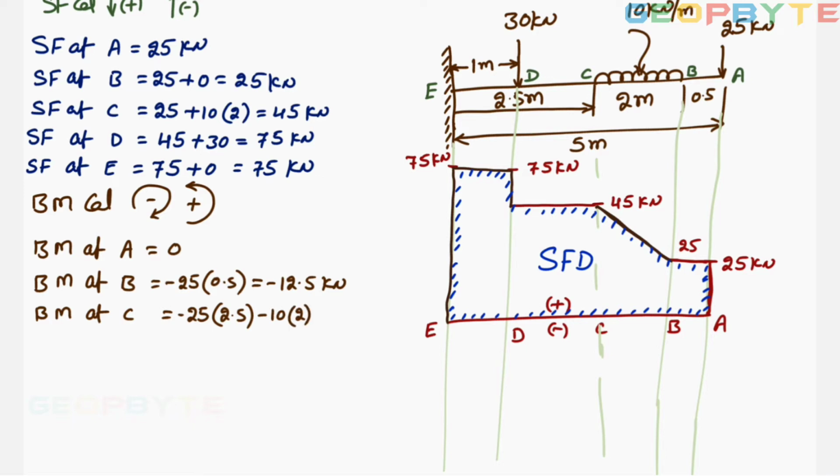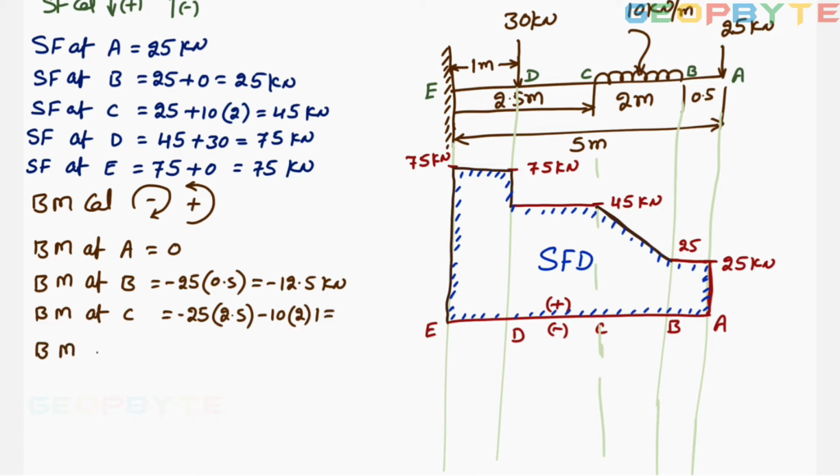UDL into UDL distance gives the point load. Assume that point load is acting at the middle of BC. From that middle point you take the distance 1 meter. You can simplify it. This part we will do later.